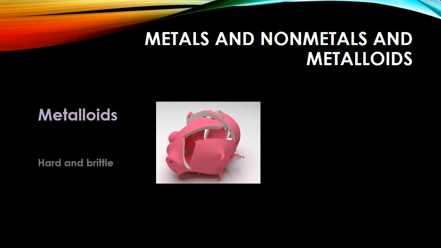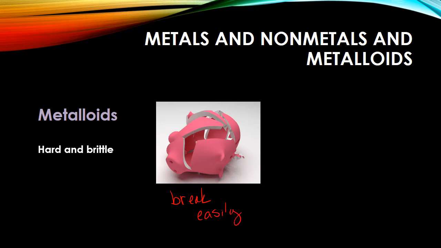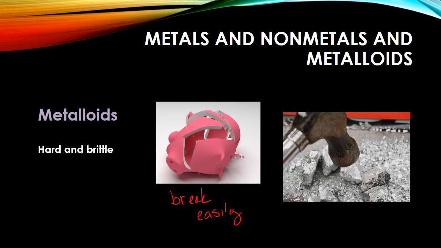And metalloids are very brittle and hard. Now, brittle means things can break easily. Obviously, this piggy bank is not a metalloid, but it's a good picture of something that would be brittle, breaks easily. Metalloids are brittle. They break very easily, and when they break, they shatter.